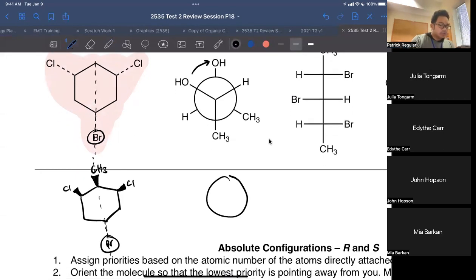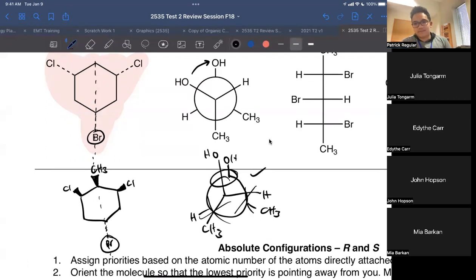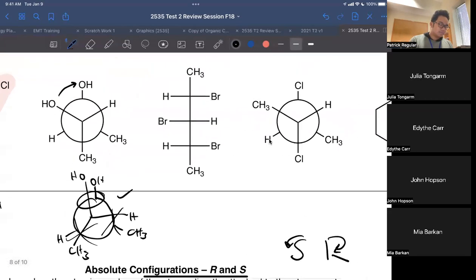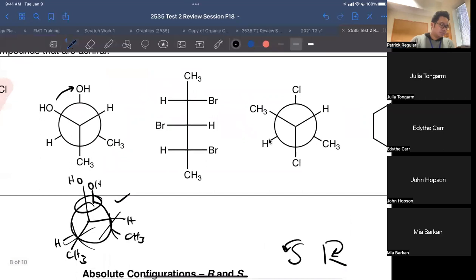When you eclipse it, which is what you want, OH, CH3, H, let's rotate that into eclipsed formation for that front carbon. OH, however, H and CH3, this matches up, but these do not. If they don't match up, it's not achiral, it's chiral.